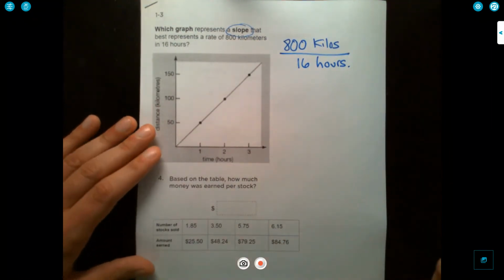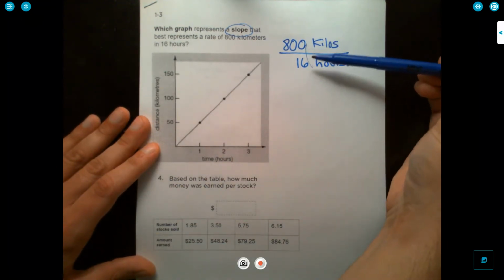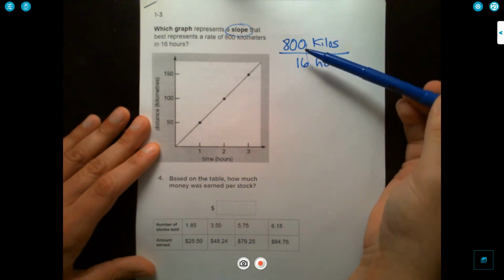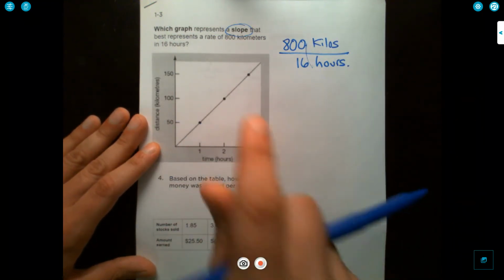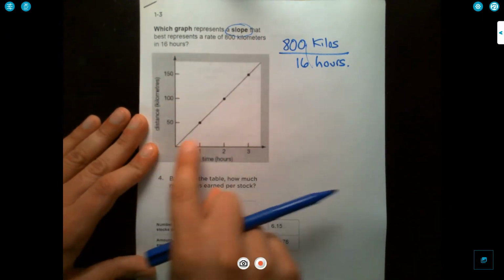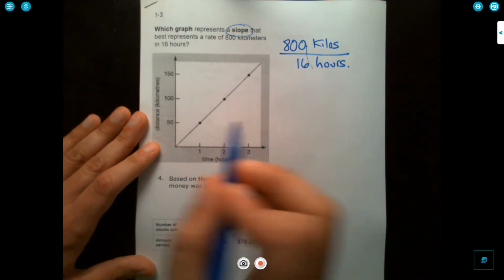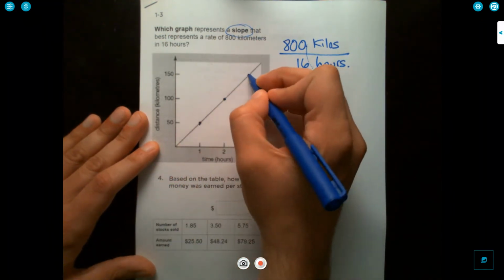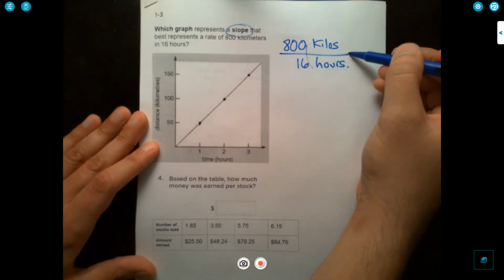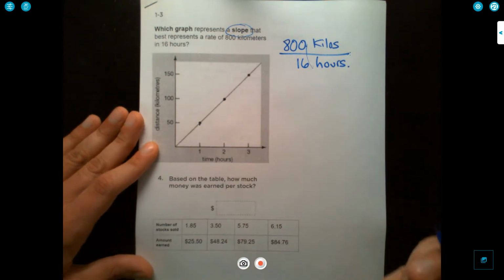Before you even reduce, what you can do is find a pretty point on each graph that's given to you. This graph might be answer choice A, there might be another graph for answer choice B, and so on. You go to each pretty point and see if it matches the rate that it gives you.